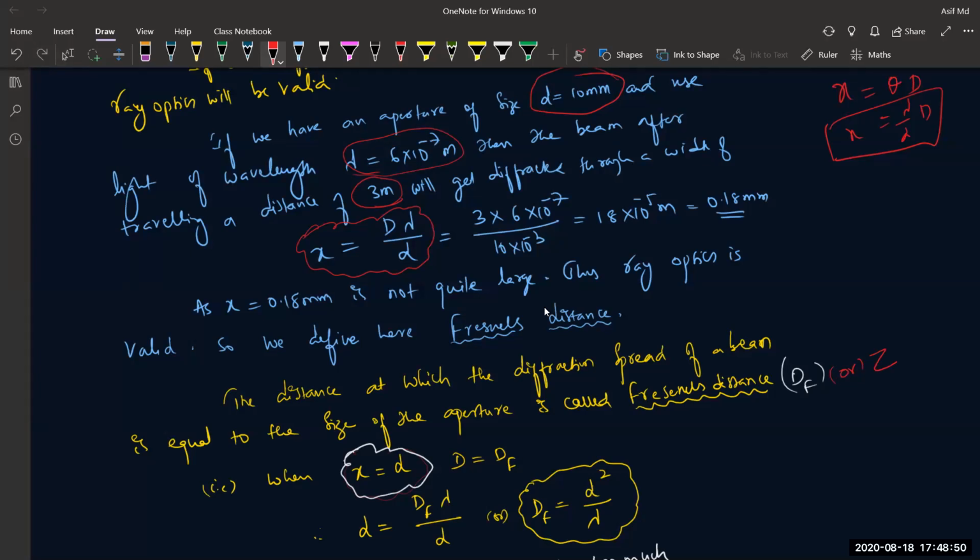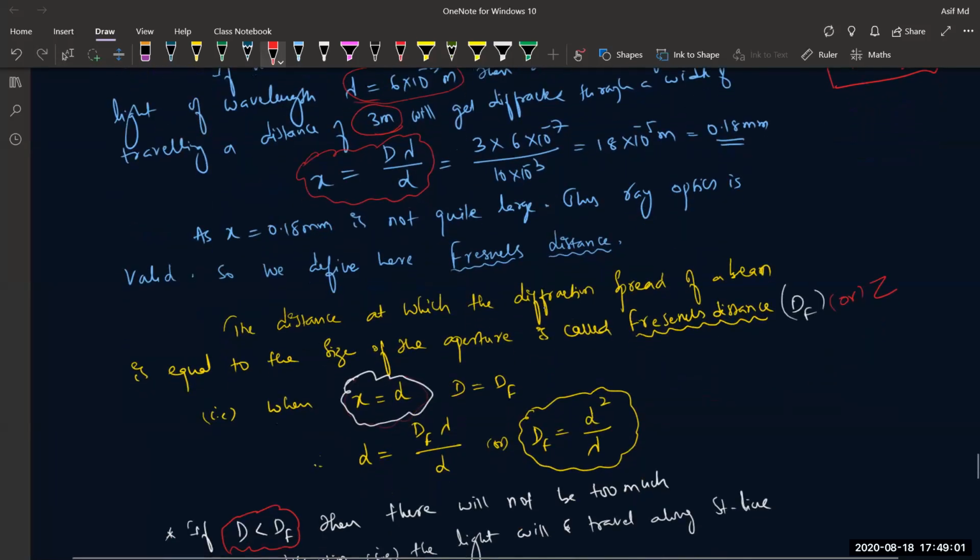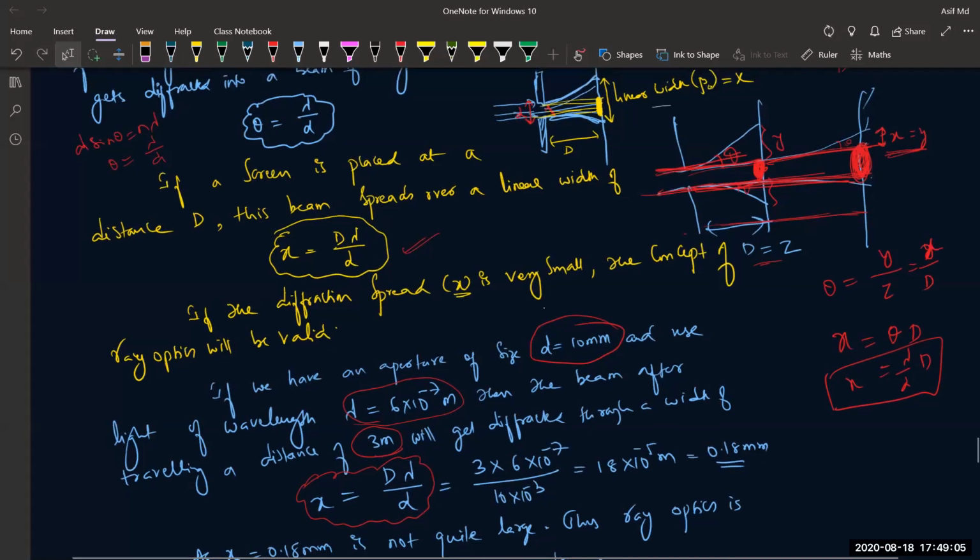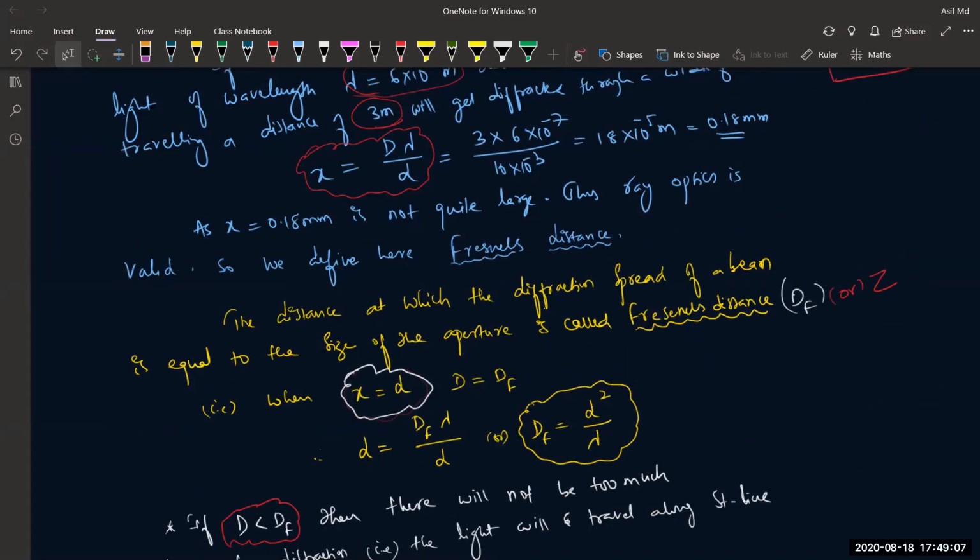So the Fresnel distance is the distance between the slit and the screen at which the diffraction spread of the beam becomes equal to the size of the aperture. When x is equal to d, that is, this vertical y is equal to the slit width, then that distance, capital D, is called dF. Now see how we use this formula here.